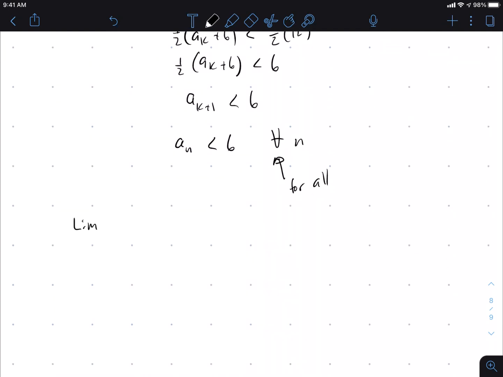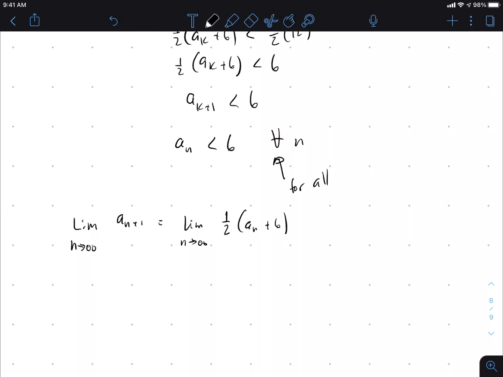I'll take the limit as n goes to infinity of a sub n plus 1, which is equal to the limit as n goes to infinity of 1/2 (a sub n plus 6), right?